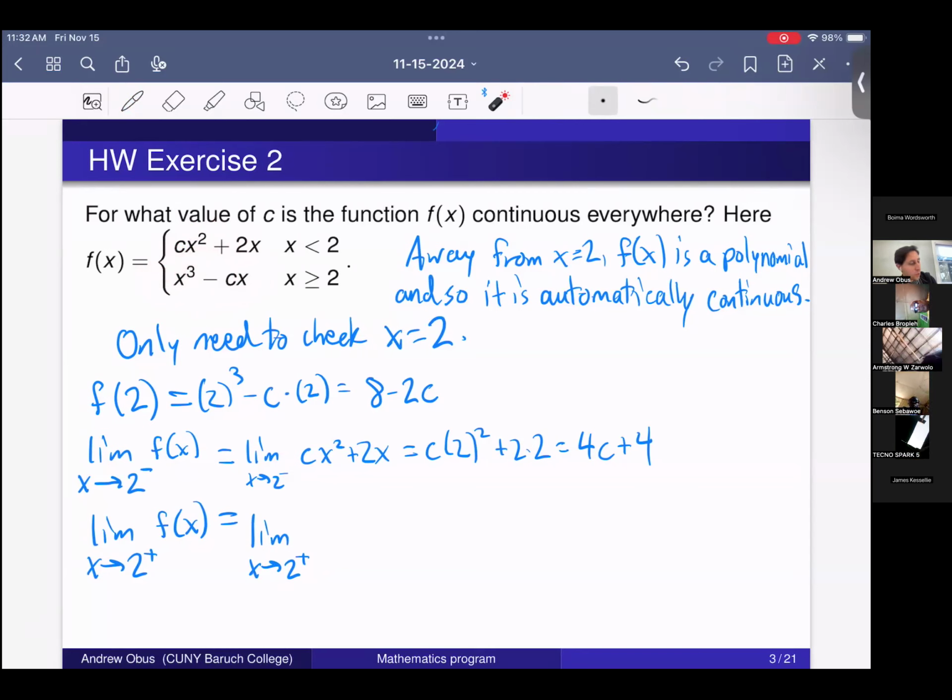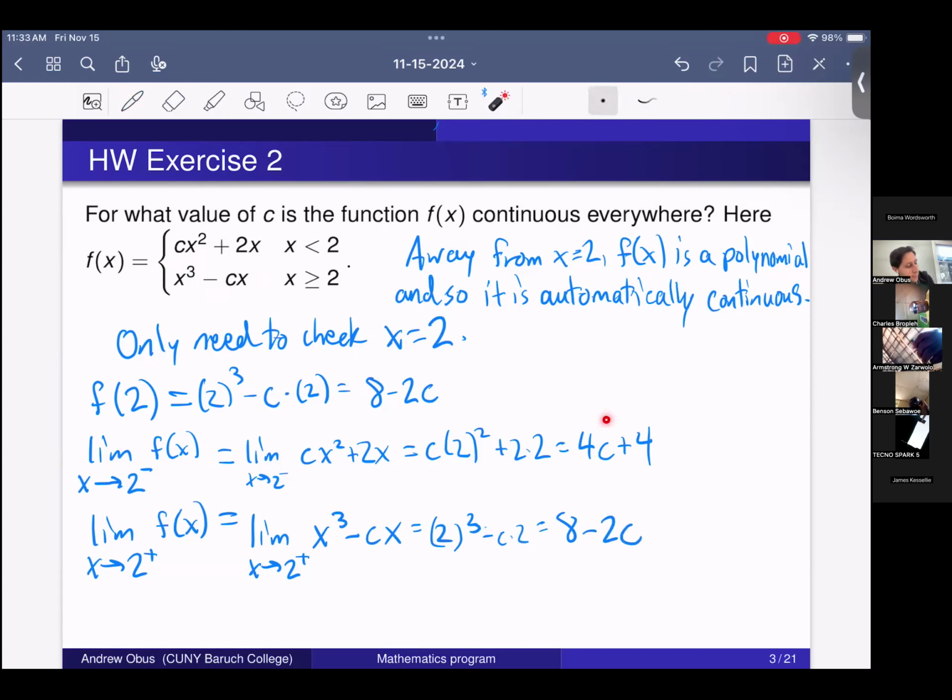So from the plus side, we're using the limit as x approaches 2 plus of x cubed minus cx. We can just plug in 2 because it's a polynomial, and that gives us 2 cubed minus c times 2, which is equal to 8 minus 2c. So the value of the function is 8 minus 2c.